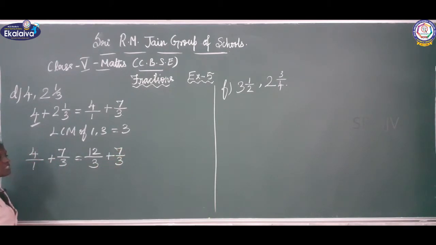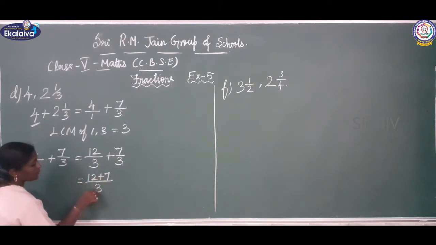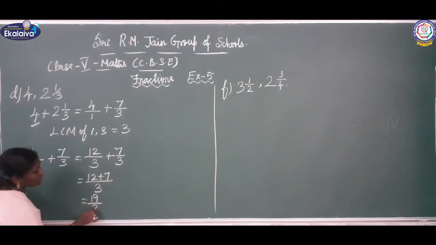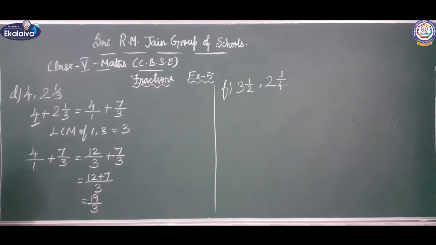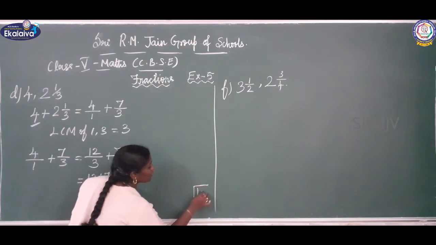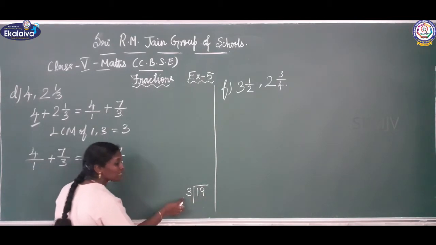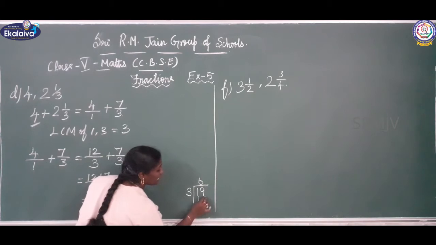Now these two fractions are like fractions. We can add the numerators. So 12 plus 7 by 3. 12 plus 7, that is 19 by 3. Now 19 by 3 is an improper fraction, so we have to convert it into a mixed number. For that we have to divide the numerator by the denominator. In 19, 6 times 3 is there, that is 18.